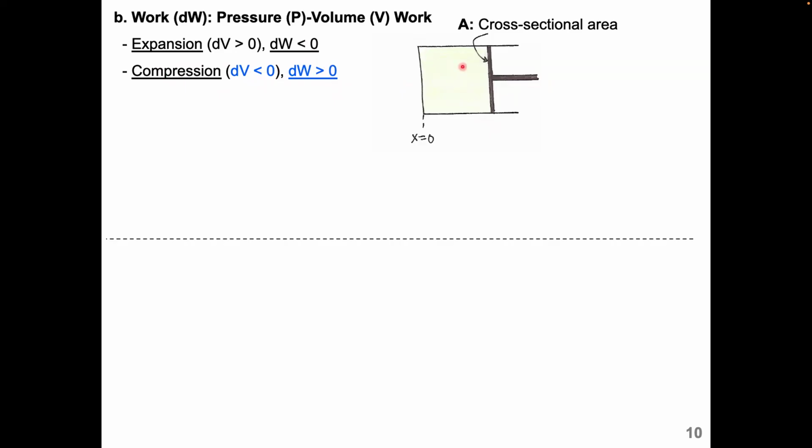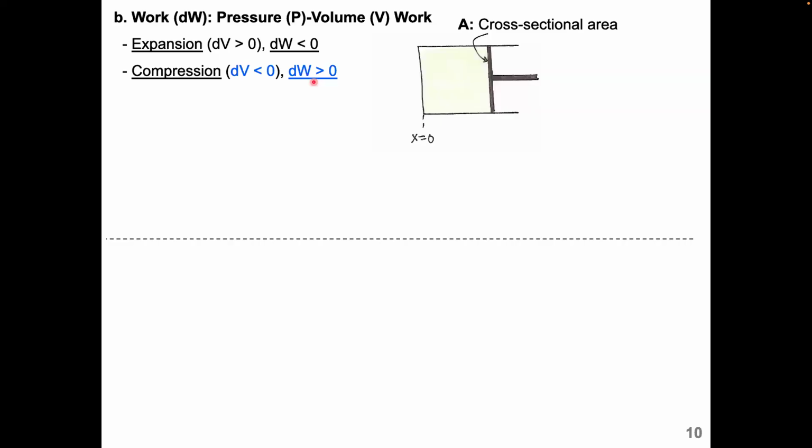So remember, when the system is the air inside the piston, if the system is expanding, then the system is doing work on the surroundings, and the W on the system is going to be negative. But when you are doing compression, the volume is shrinking, and the surroundings are doing mechanical work on the system. That's why the W is positive.